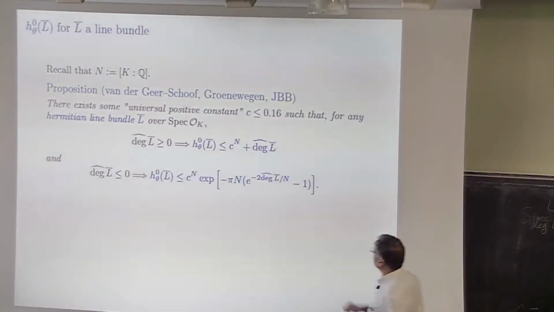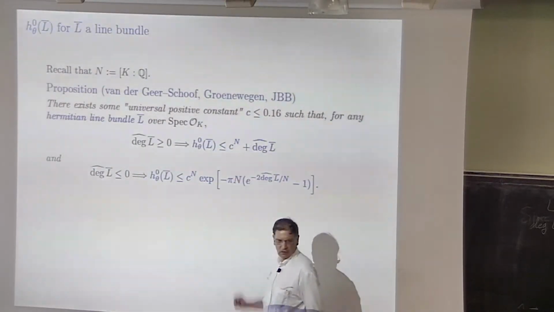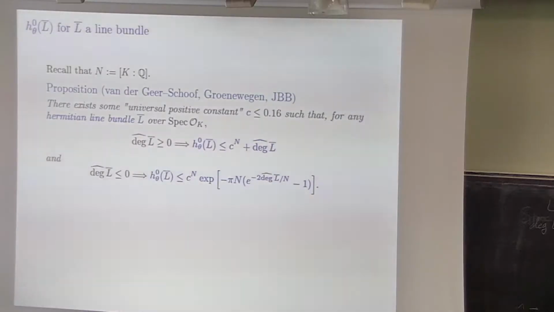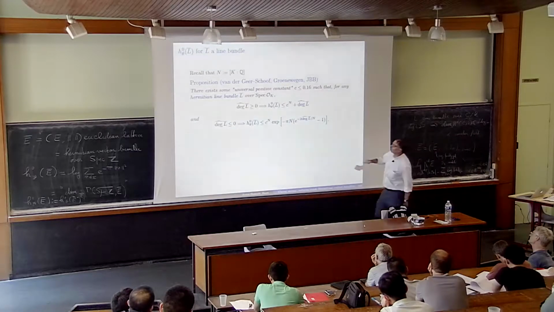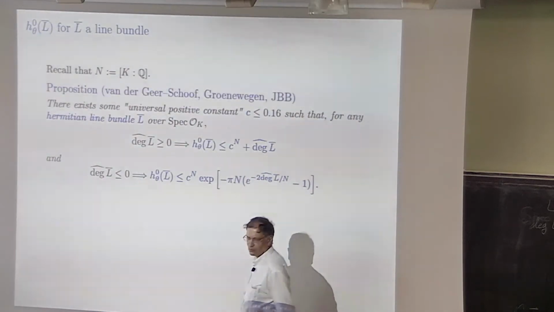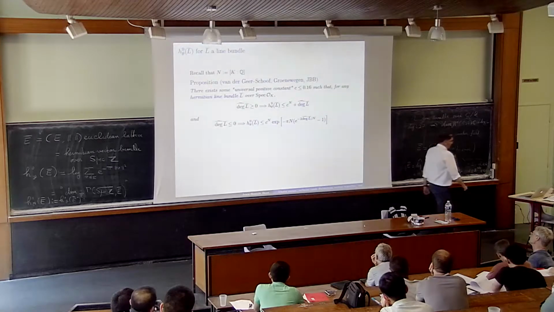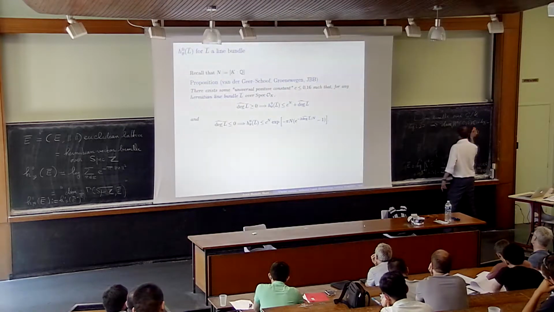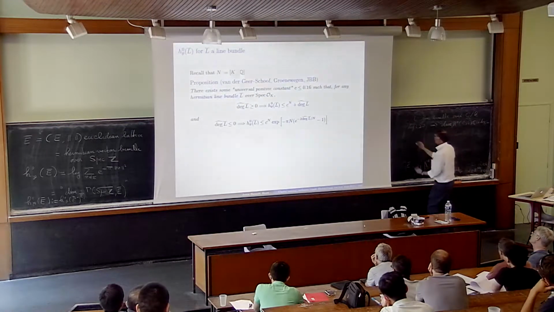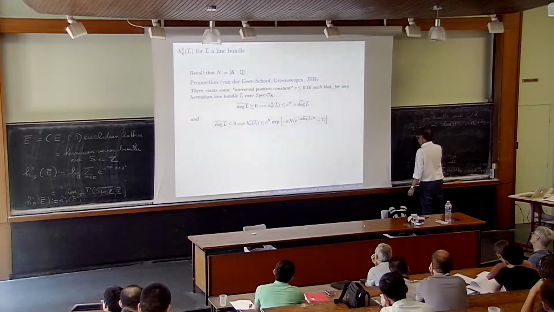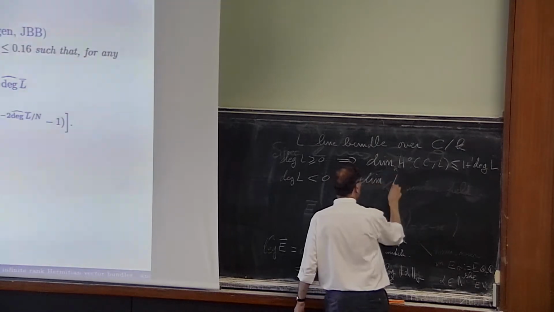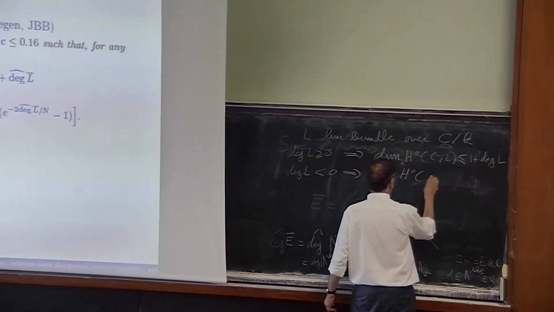So this requires some work, but it's quite familiar. And in applications, you have really 1 plus degree if you want. I don't know any application where this more precise result is really useful. Okay, and now, of course, the other very basic estimate in the geometric case is that when the degree is negative, this dimension is 0.